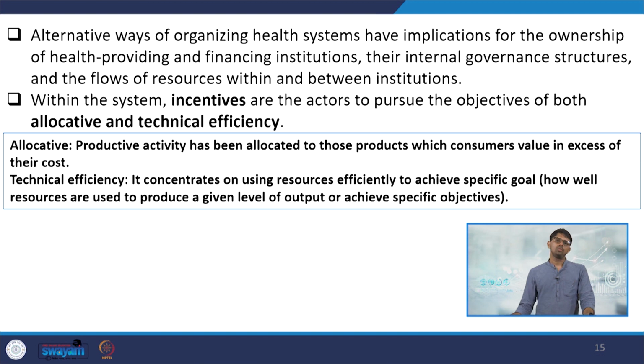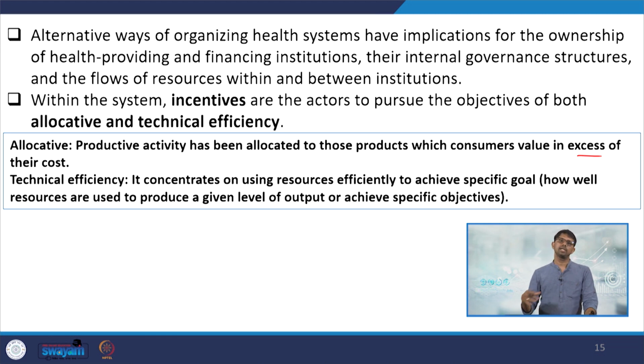Basically, when the productive activity has been allocated to those products which consumers value in excess of their cost. Whereas, technical efficiency concentrates on using resources efficiently to achieve a specific goal, that is, how well resources are used to produce a given level of output or achieve a specific objective.